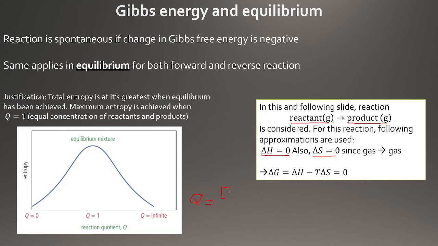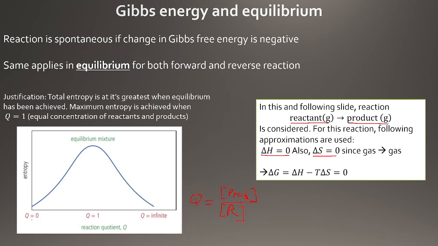But it is the concentration of the products divided by the concentration of the reactants. Yeah. So in the beginning, we have only reactants. The amount of products is 0, so we get 0 out from this.